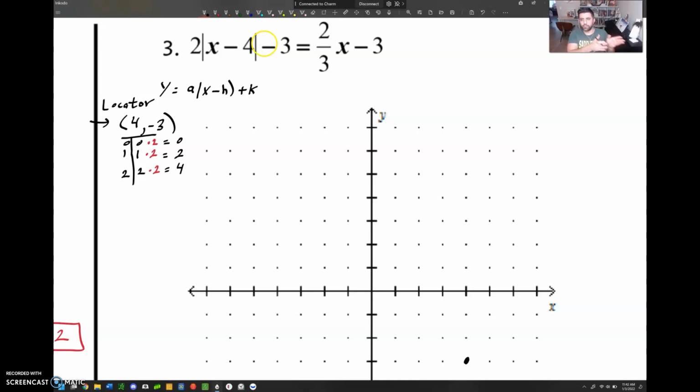So this is 0, 0, 1, 2, 2, 4. So 0, 0 is right here. 1, 2, that's that one, and also on the other side, and 2, 4, that's that one, and on the other side, and it's a V, it just goes up. So we have this situation.